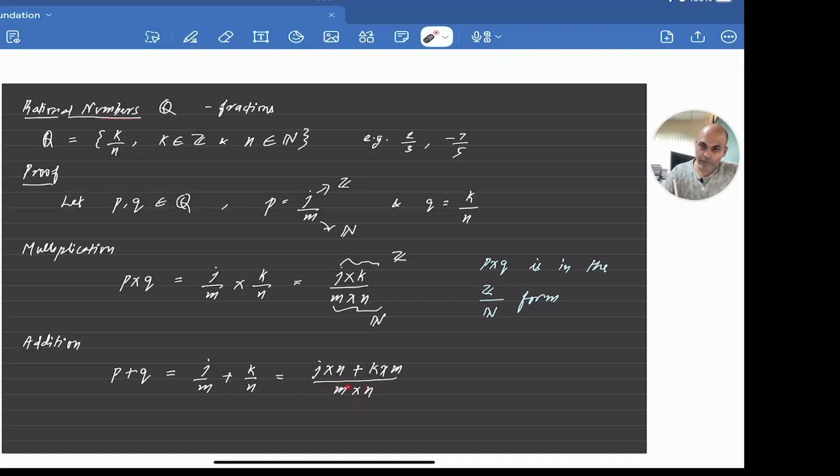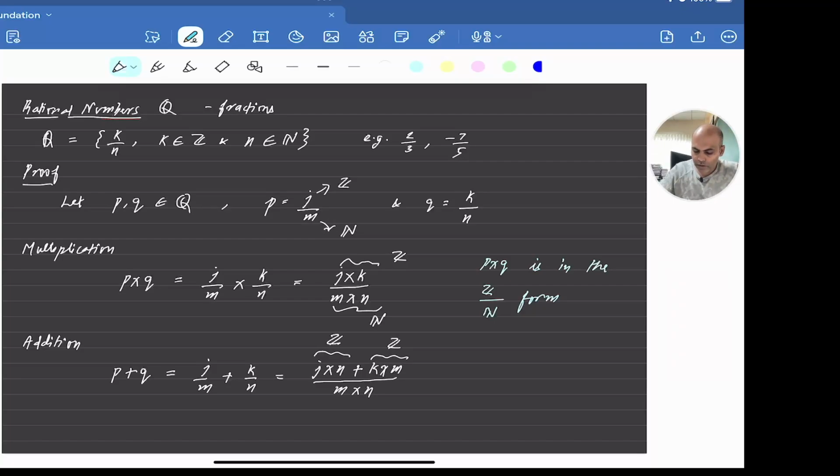So here in the numerator we have an integer multiplying a natural number, which is again an integer. So J times N is an integer and K times M is also an integer.